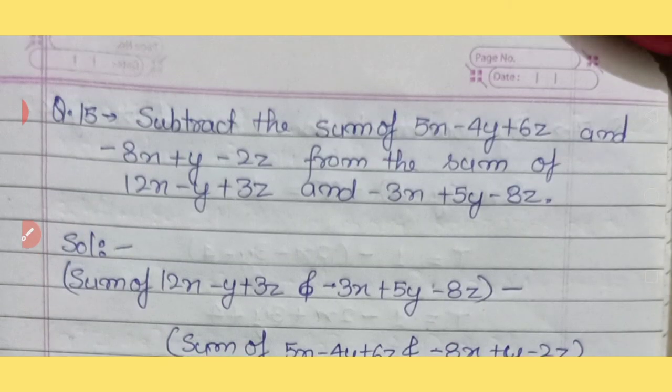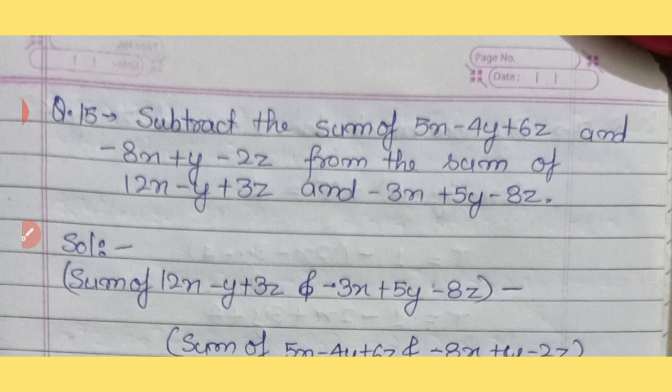Question number 15. It is telling us to subtract the sum of 5x minus 4y plus 6z and minus 8x plus y minus 2z from the sum of 12x minus y plus 3z and 3x plus 5y minus 8z.